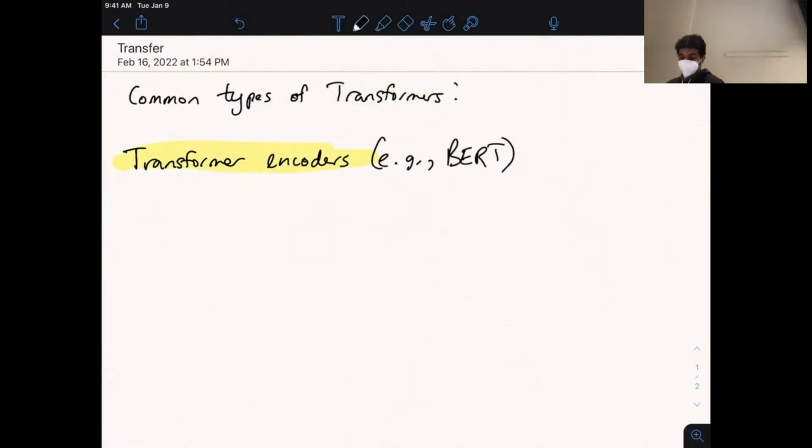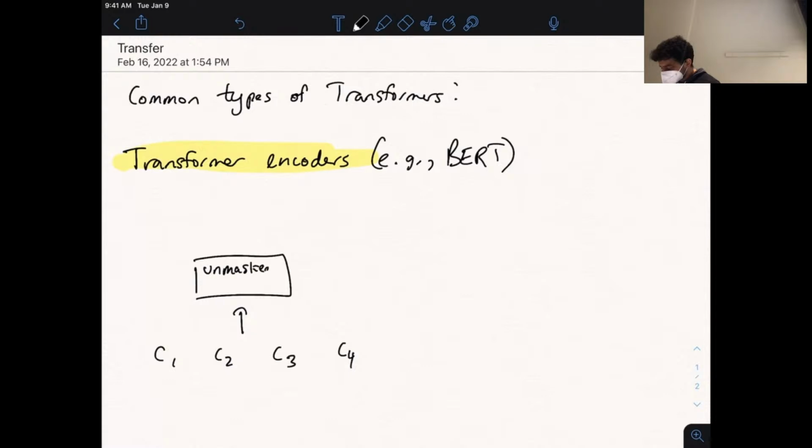So a transformer encoder is just the encoder part of the diagram that we saw from the paper earlier in the slide. So basically, if I have my word embeddings here, I'm going to put them all into unmasked self-attention.